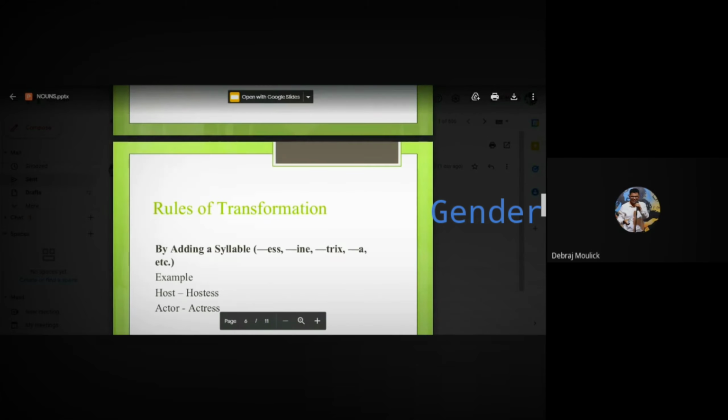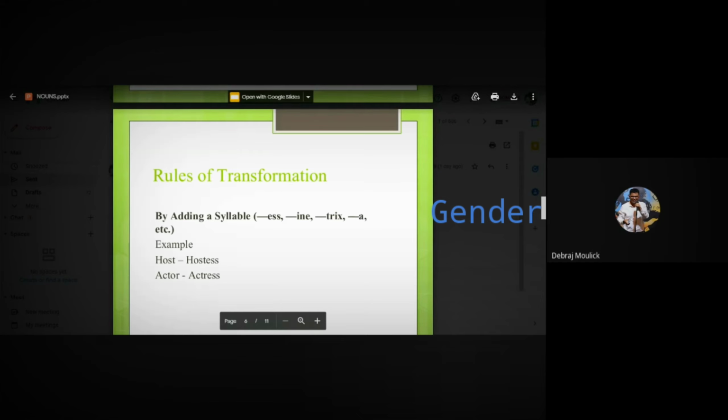Now we have the second rule of transformation, by adding a suffix: ess, ine, trix, a, etc. For example, host, the feminine is hostess; actor is actress; poet is poetess; priest is priestess; murderer is murderess; waiter, waitress; emperor, empress.